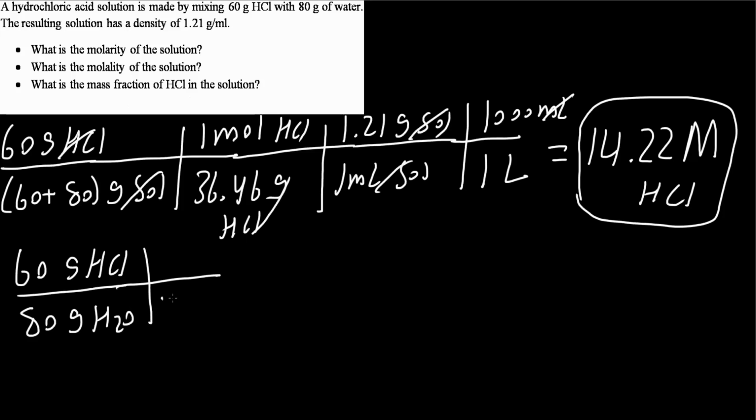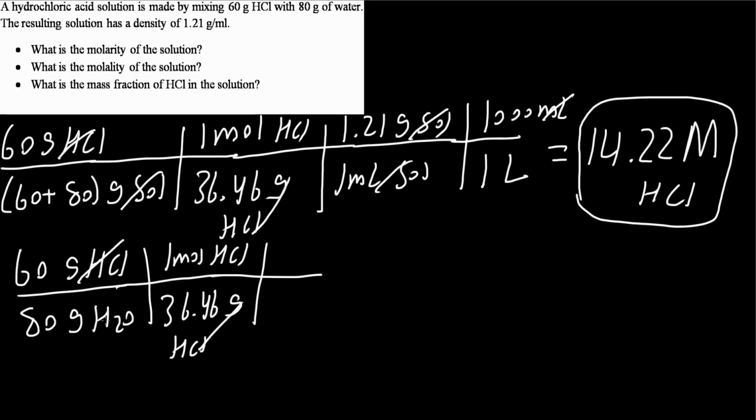And we know that 36.46 grams of HCl makes 1 mole of HCl. So this cancels with this. Finally, we need to convert this into kilograms. So 1,000 grams of H2O is 1 kilogram of H2O. This and this cancel, and we get moles of HCl divided by kilogram of solvent.